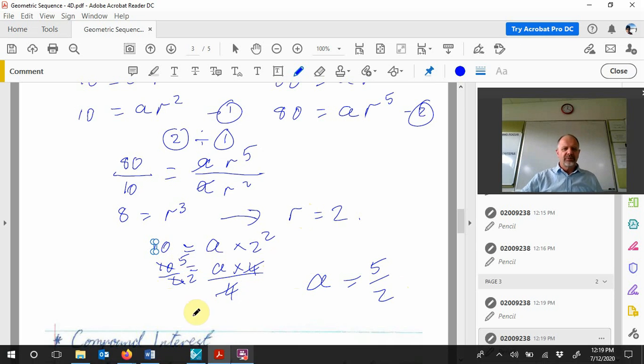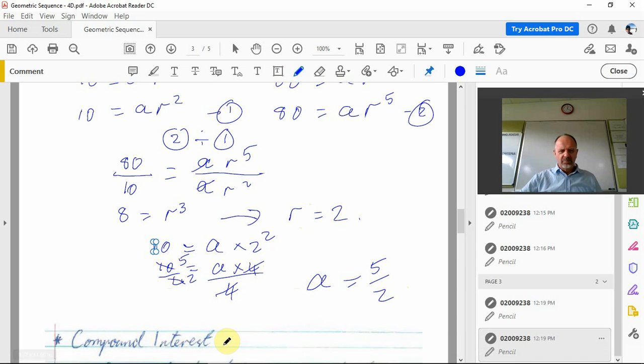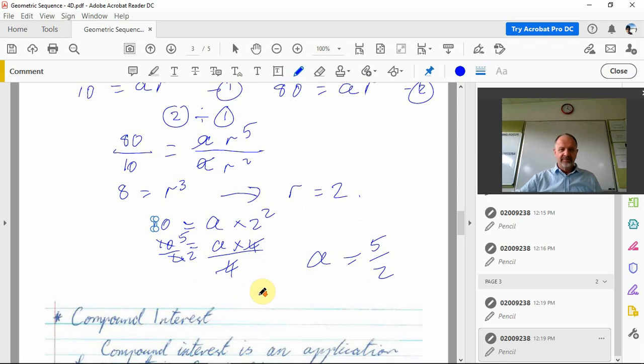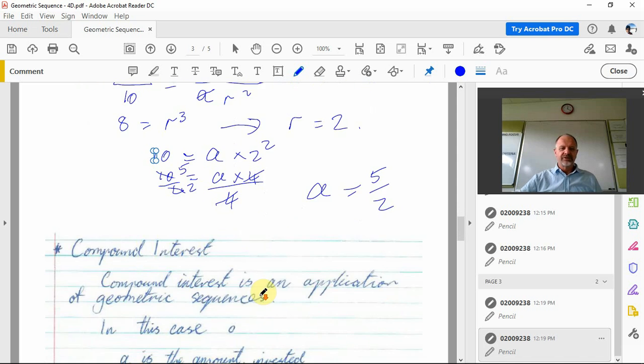All right, you'll see at the bottom here, compound interest. Now, compound interest, which is a very common sort of interest, is a type of geometric sequence. You get interest on your interest.